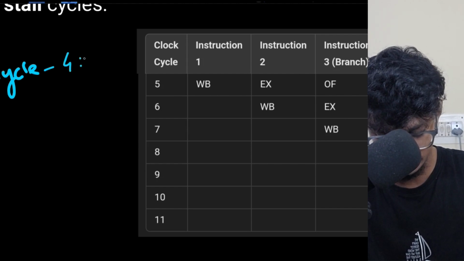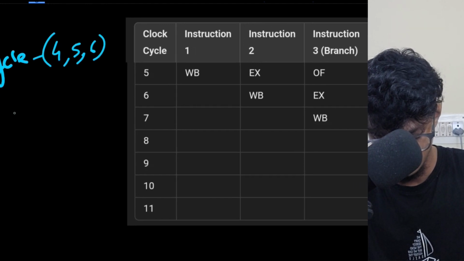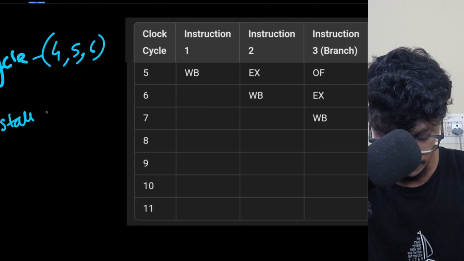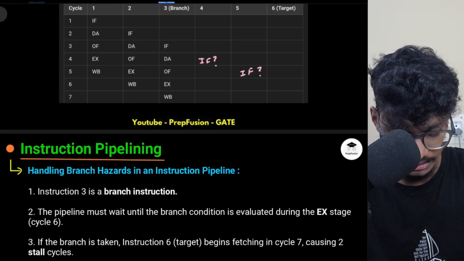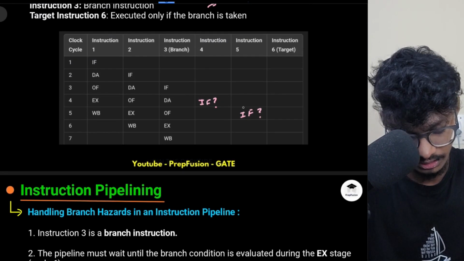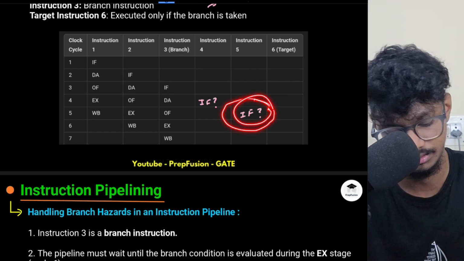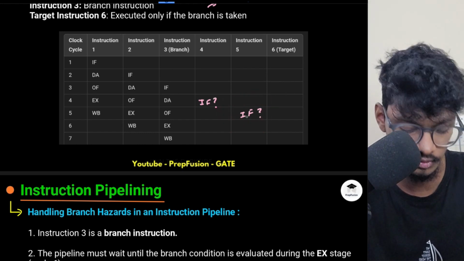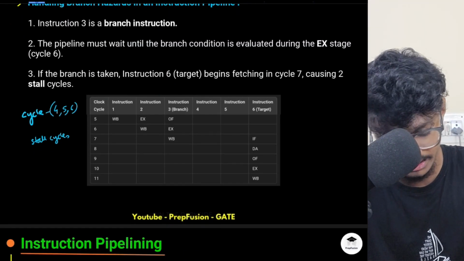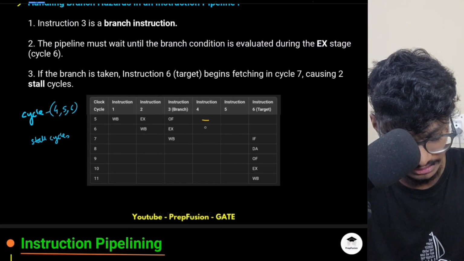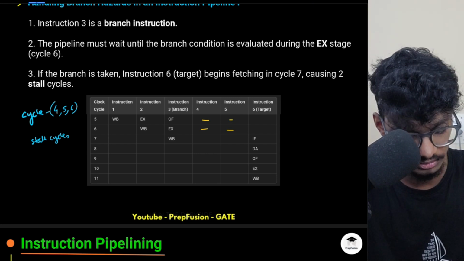I have to give stall cycles for cycles 4 to 6, because at this 6th cycle, this is supposed to fetch the instruction I5, but we will not. We will just put a stall cycle. We will not do any operation. It will be no operation. So all of this will be just stall cycles until the execution phase.